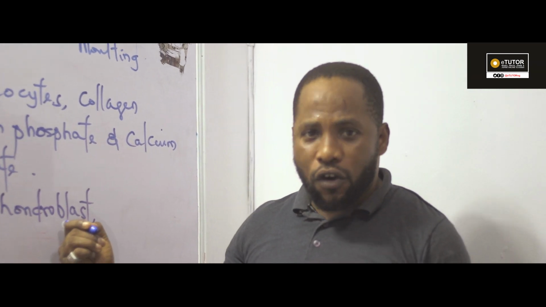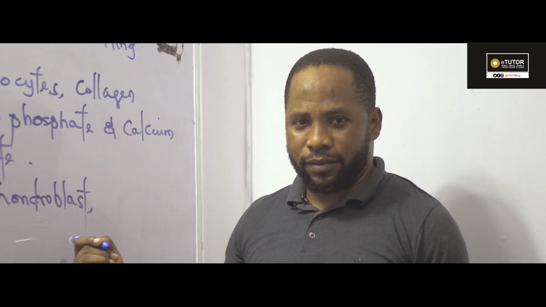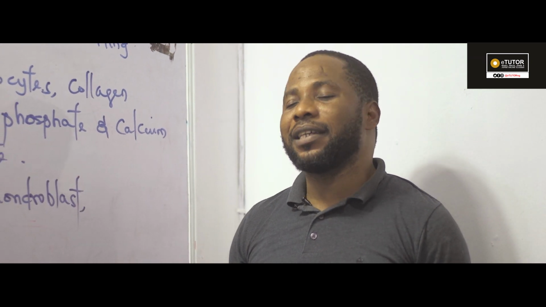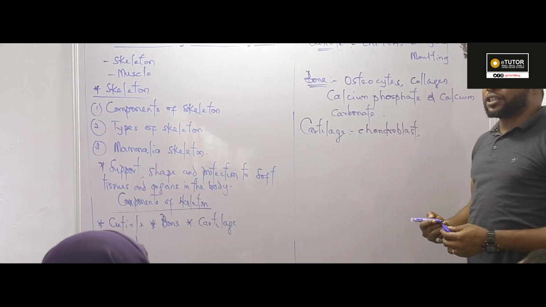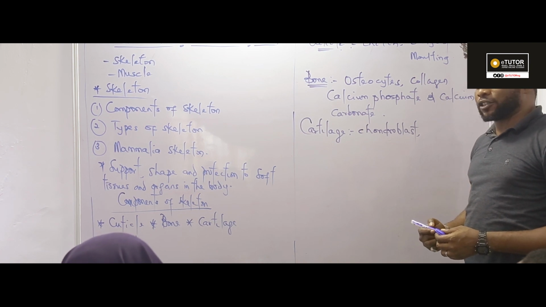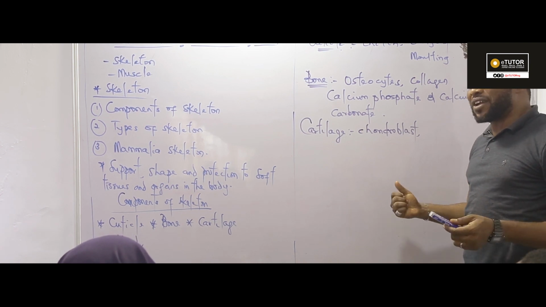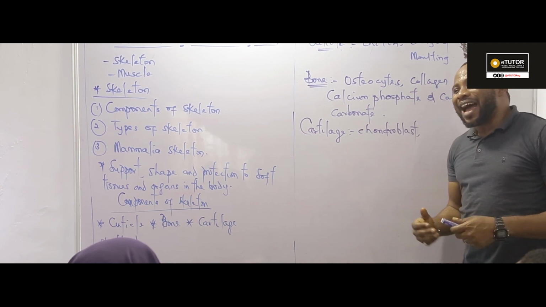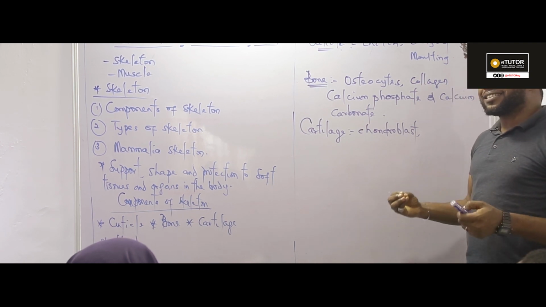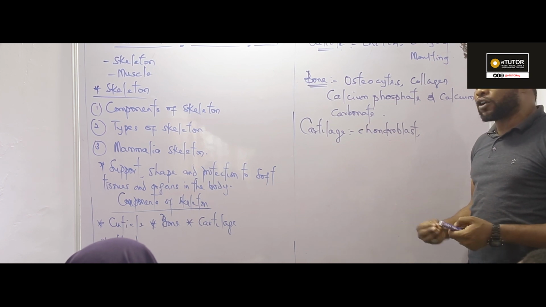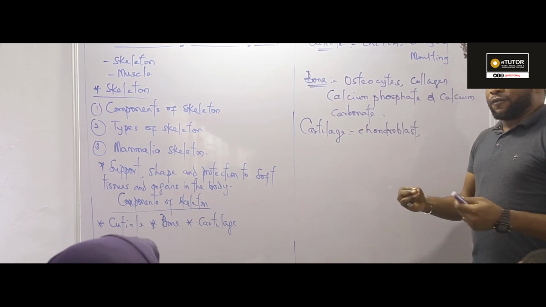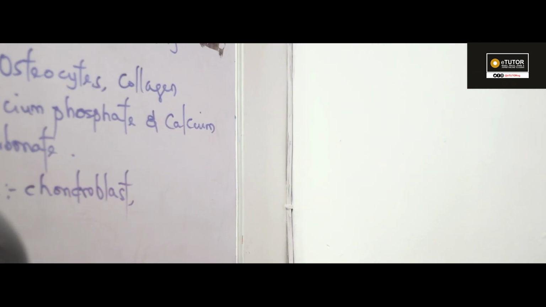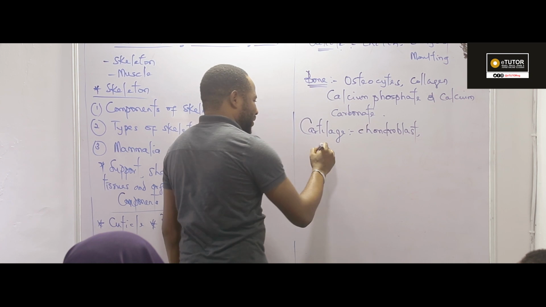It also grows as the body grows, but the difference between cartilage and bone is that a bone consists of mineral substance, so it makes it very, very hard and dense. But cartilage has a high tensile strength and it helps to cushion friction in joints.